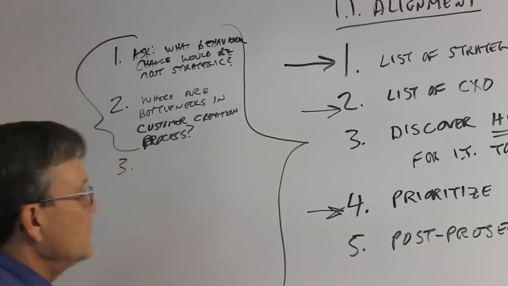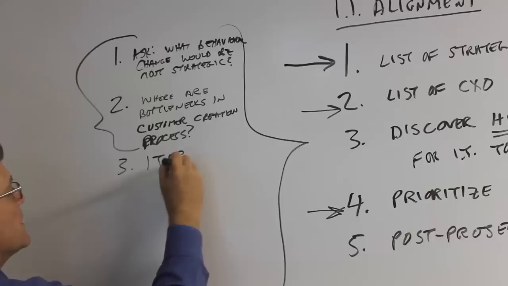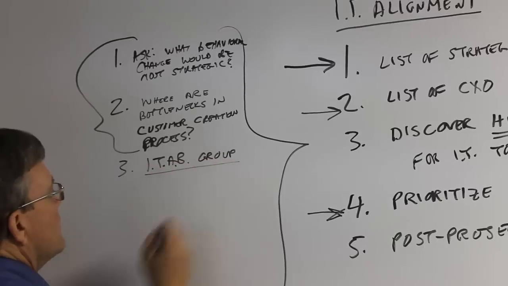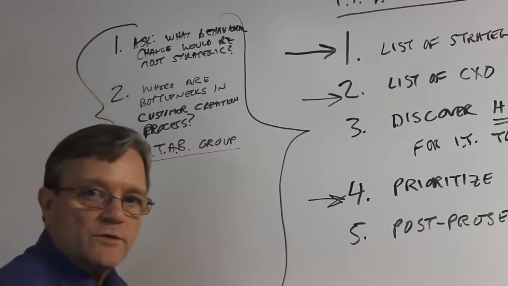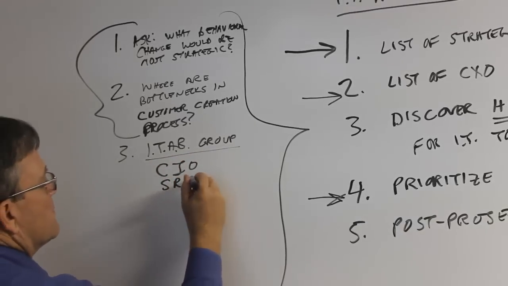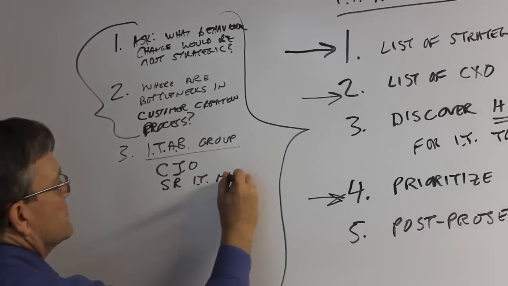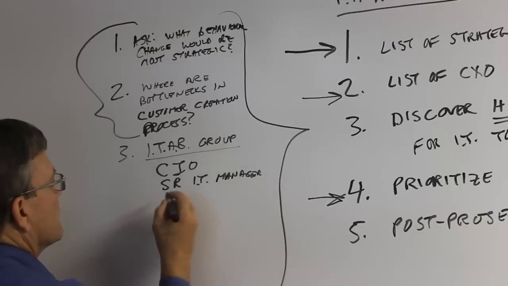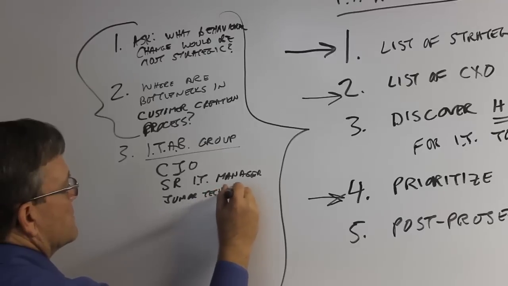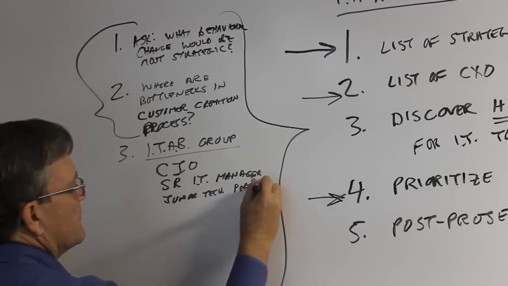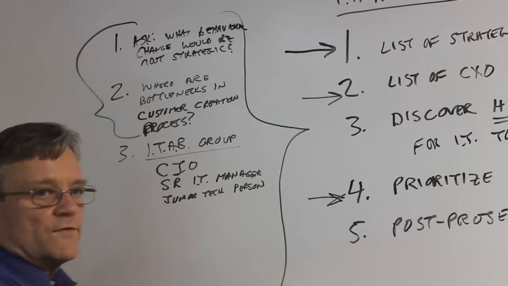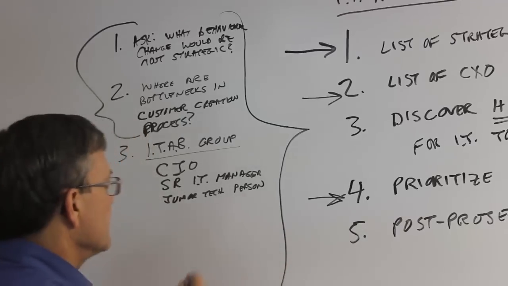Now also, we want to convene what we call an ITAB group, IT Alignment Brainstorming Group. This is a group that, at least initially, when you're first doing this, will be composed of the CIO, some senior IT manager, some junior technical person, the geekiest guy or gal that you've got in IT, even if they're just fresh out of college, just a brand new college hire.